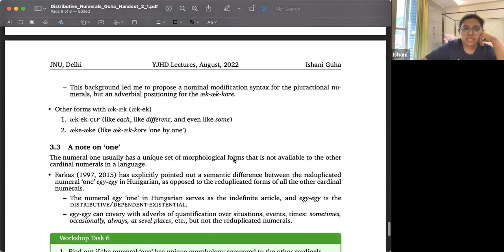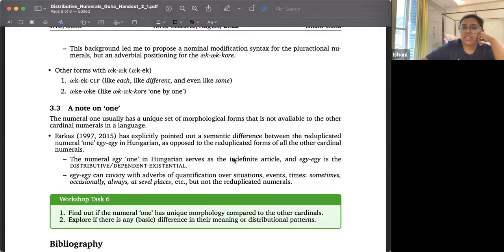Furthermore, let me tell you that this uniqueness of morphology with one doesn't end with Akak Kore, right? Because Akak itself is a form that can have classifiers. Okay, and in that usage, so Akak Ta, Akak Jon, all of these things, it's very interesting. All I can say.